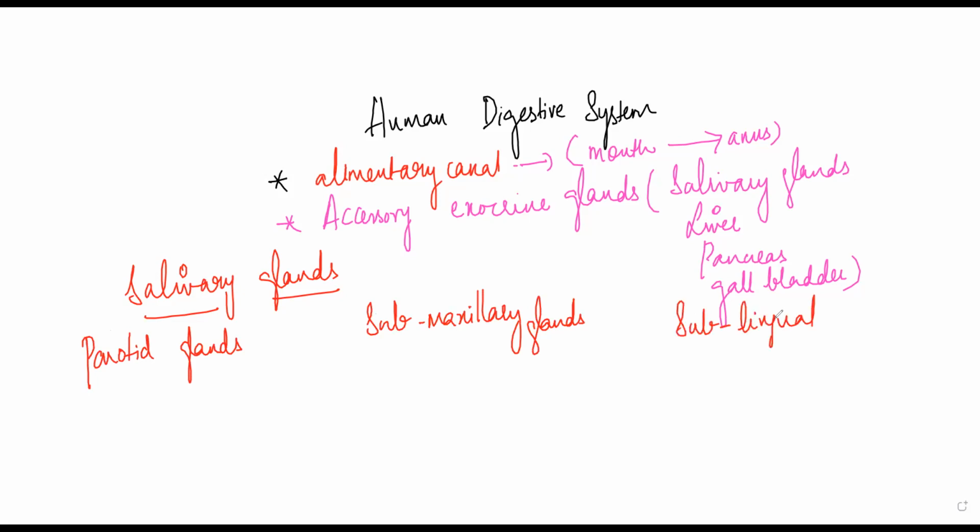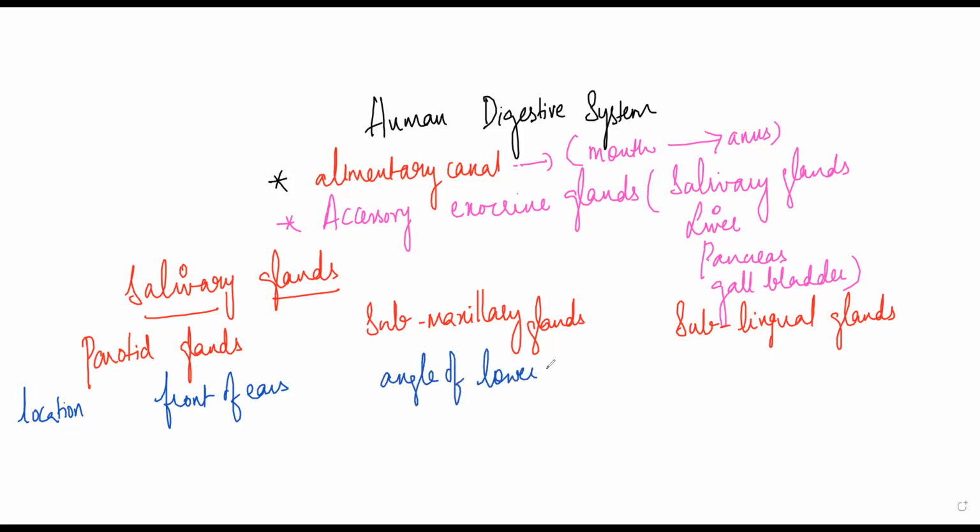Usually, the topics asked in examinations are mostly about their location. As you can see in the slide, the parotid glands are present in front of the ears. The submaxillary is in the angle of the lower jaw, and the sublingual is present below the tongue.